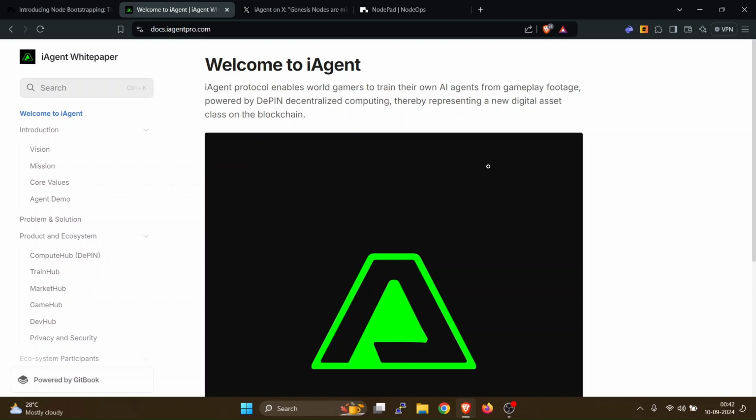The digital asset can be traded and monetized, bought or sold using crypto. There you can play the game, train the AI agent using the DePIN infrastructure of the iAgent protocol, and then trade the NFT for crypto. It is a gold mine for crypto gamers.